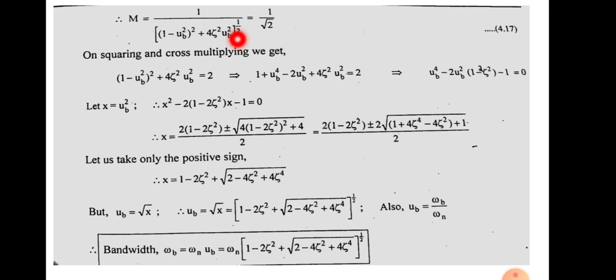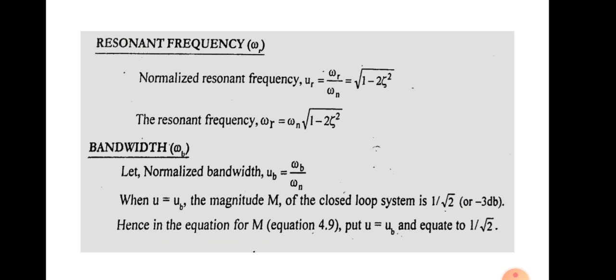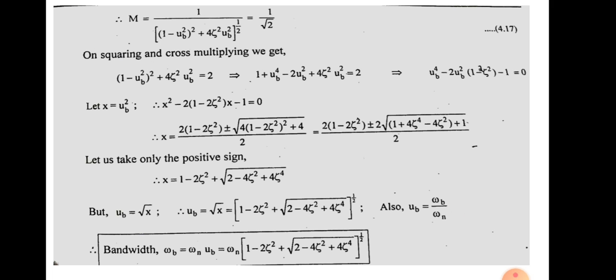We know from the previous condition that when u equal to ub, we get the value of m as 1 by root 2. That is why we are substituting it equal to 1 by root 2.